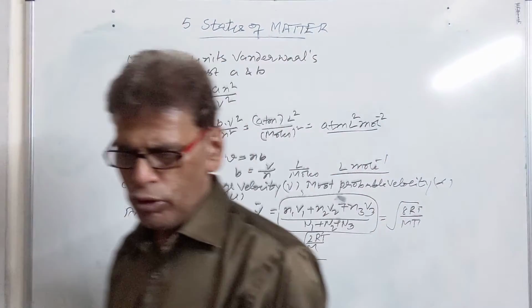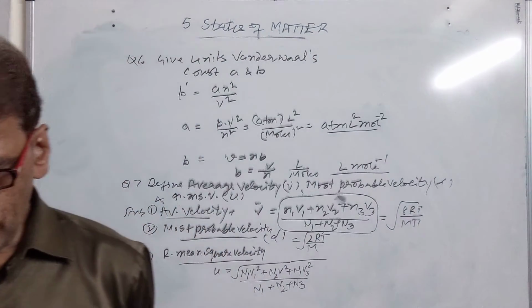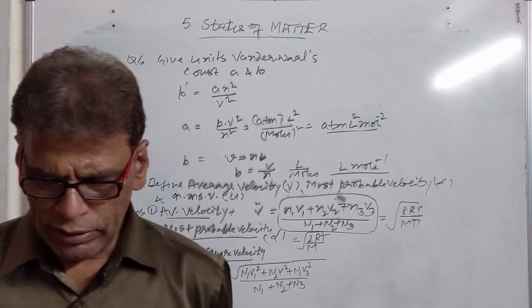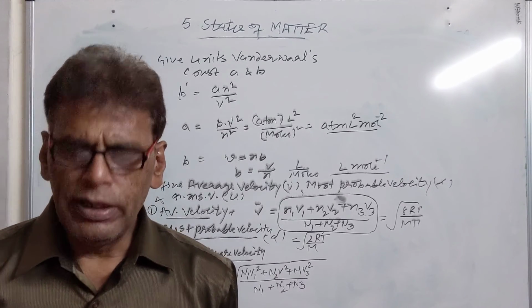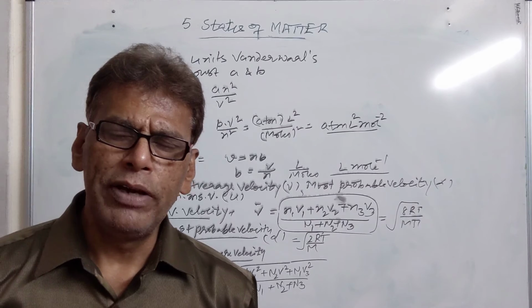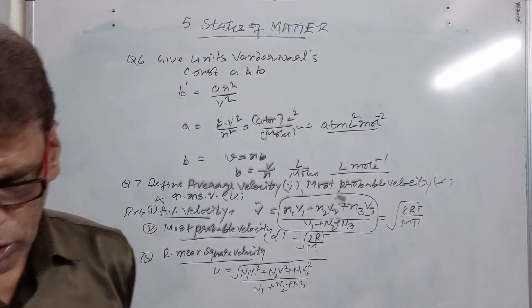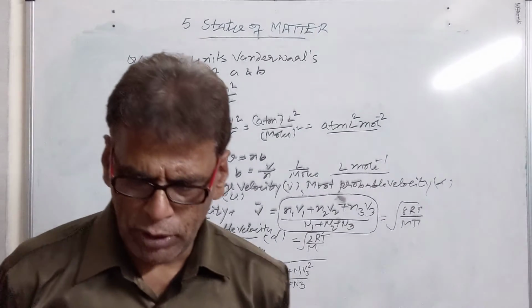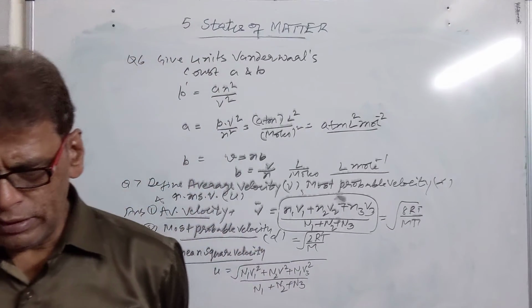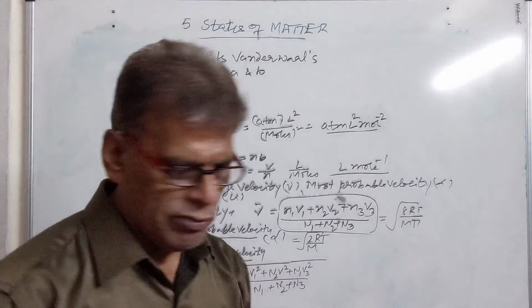This is our root mean square velocity. We have also given a few more methods of calculating it. They are under root 3 PV upon m, under root 3 RT upon m, under root 3 P upon d. Now what is the relationship between alpha, average velocity and U?